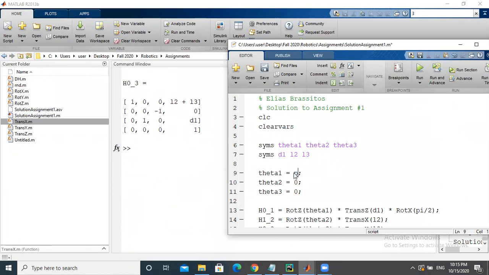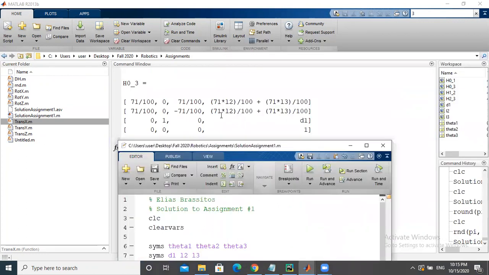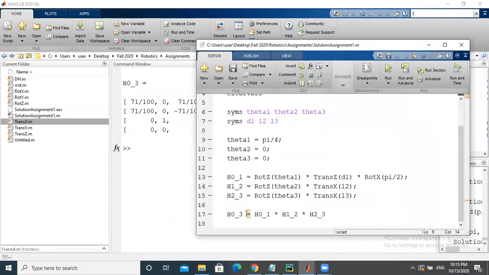If theta 1 was, let's say, pi over 4, you will see that you will probably have something over here, right? Okay, so the x is actually equal to the y. And if you evaluate that, it will evaluate the output as well. So I can do H03 is equal to evaluate of H03.